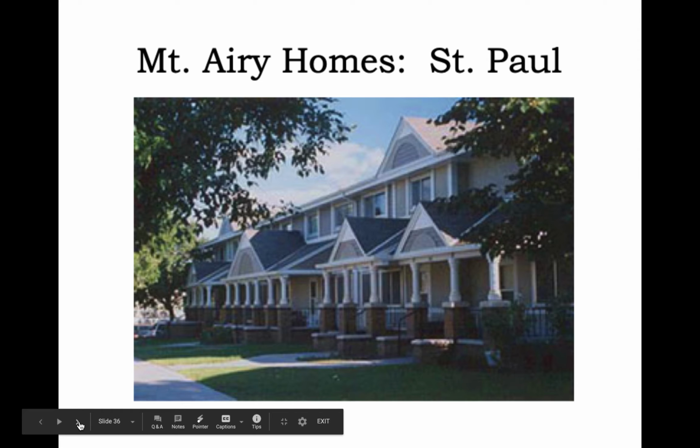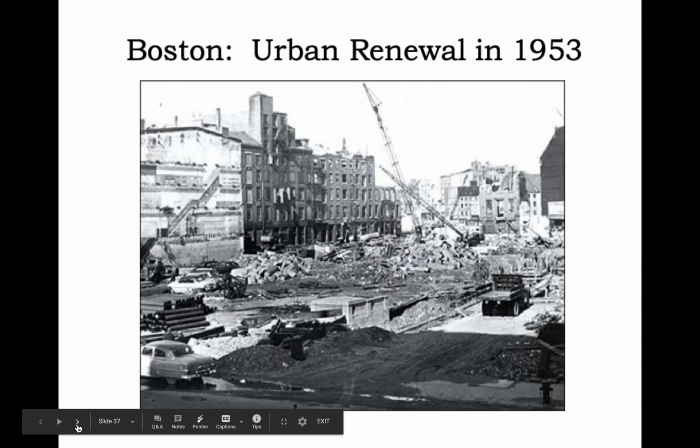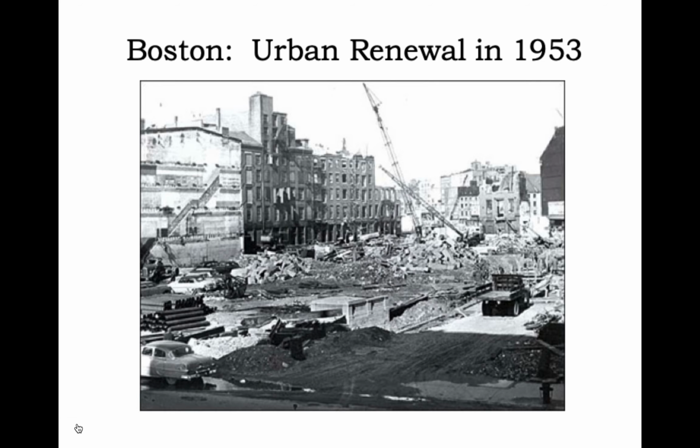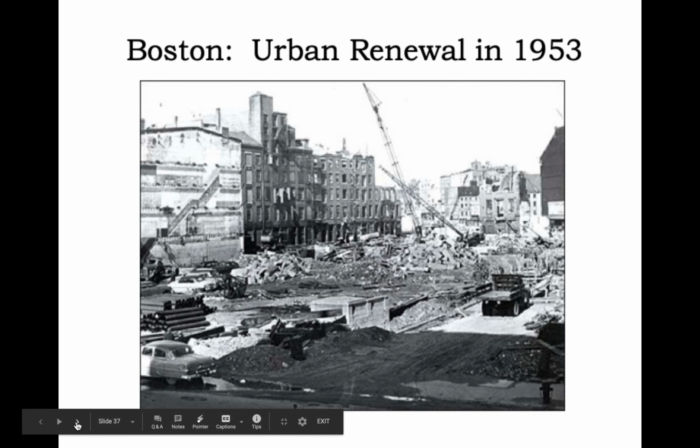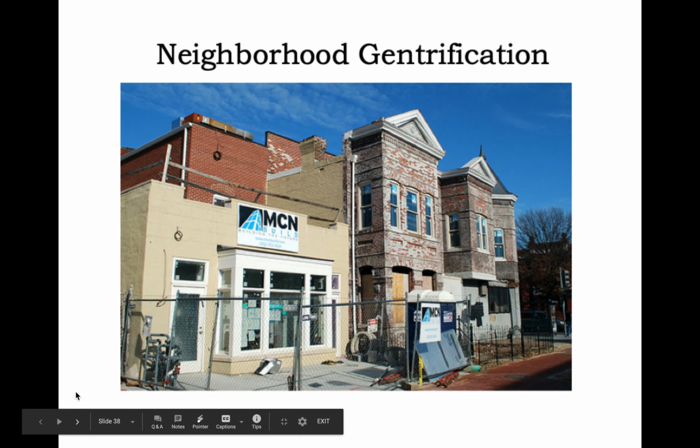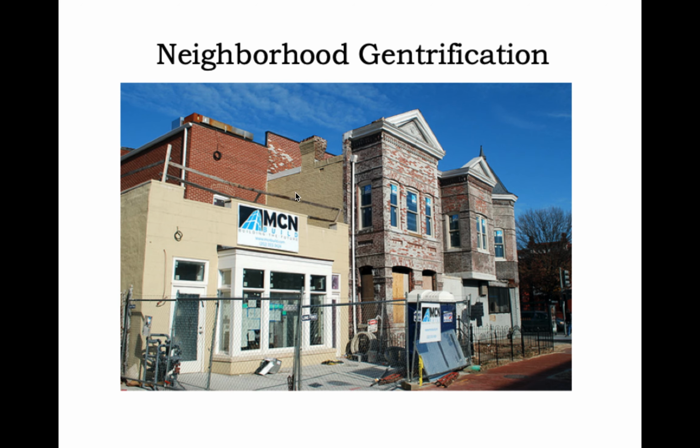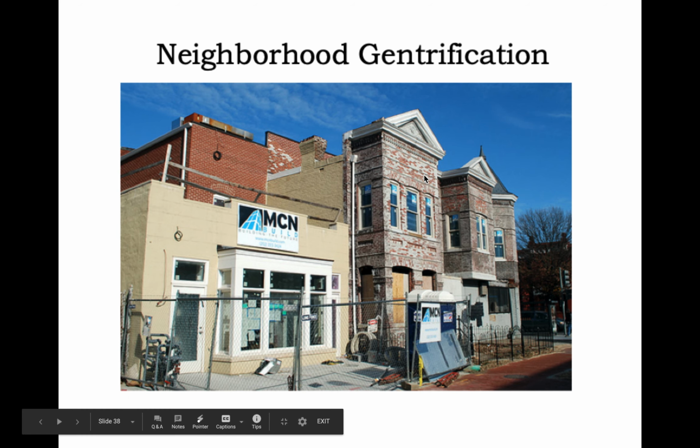And we see the movement of some of the Section 8 housing out to outer city regions. We see urban renewal with the construction of large apartment complexes. We see gentrification, dilapidated buildings that are now being renovated. Dilapidated on the right and renovated on the left.